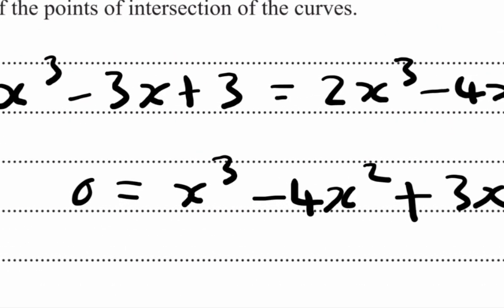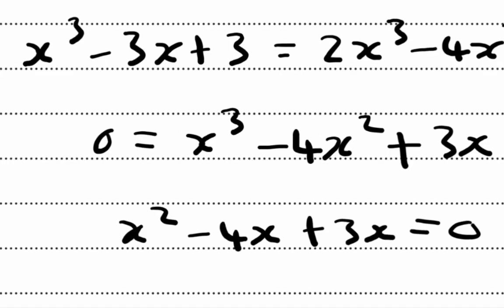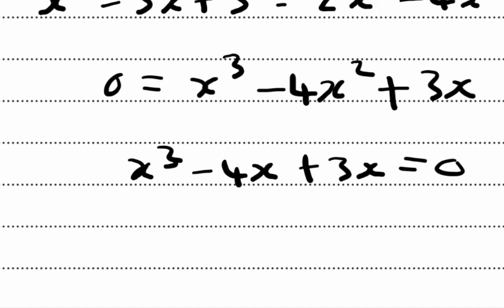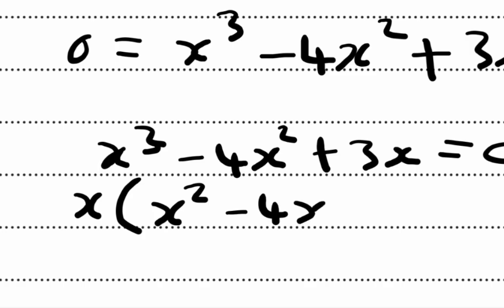And for this, let me just write it like this. I'm going to factor out x first to get x squared minus 4x plus 3 equal to 0.